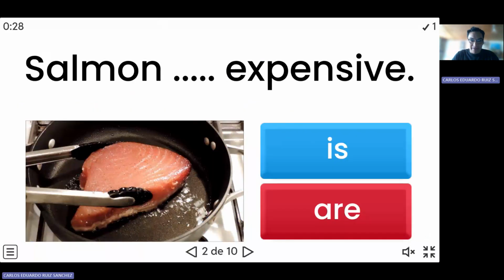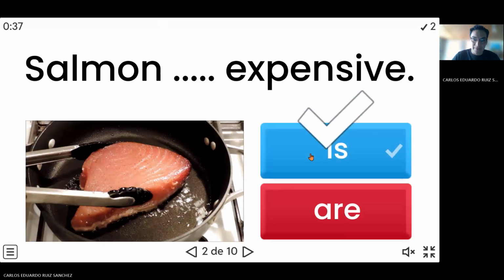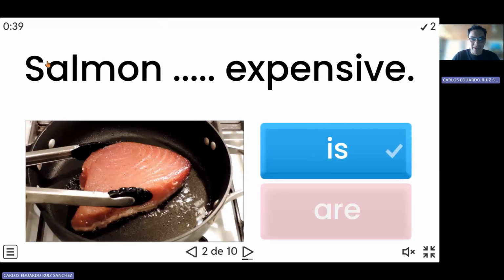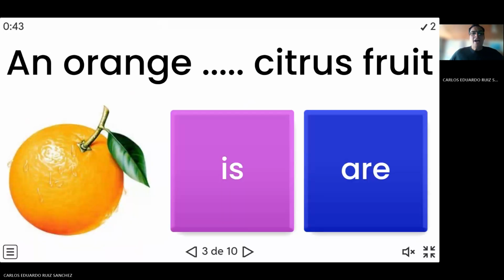Here, salmon. Is or are expensive? Is, yes, it's in singular form. Okay, an orange citrus fruit, is or are?